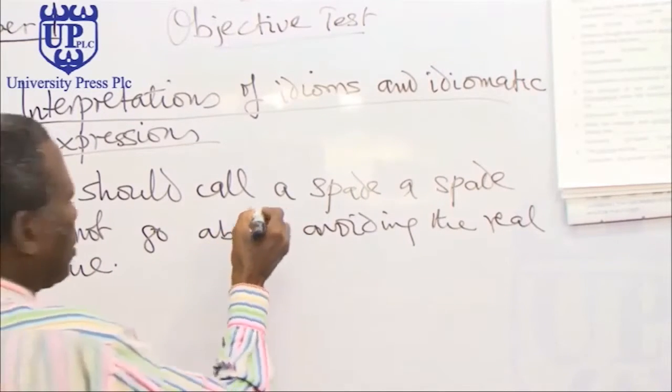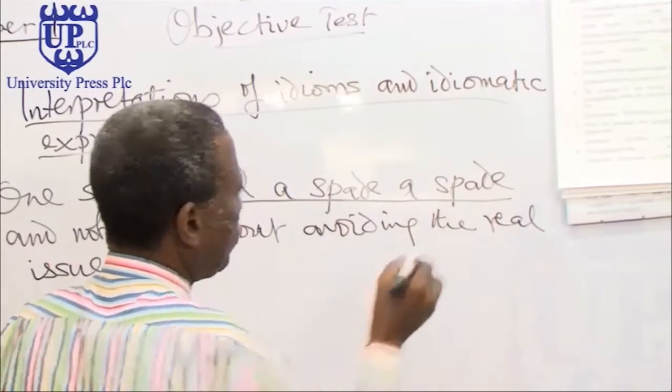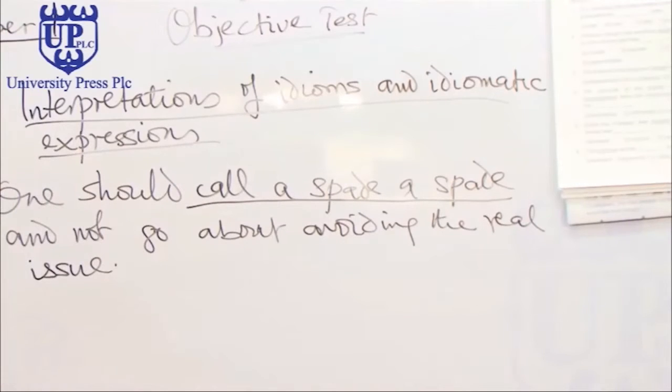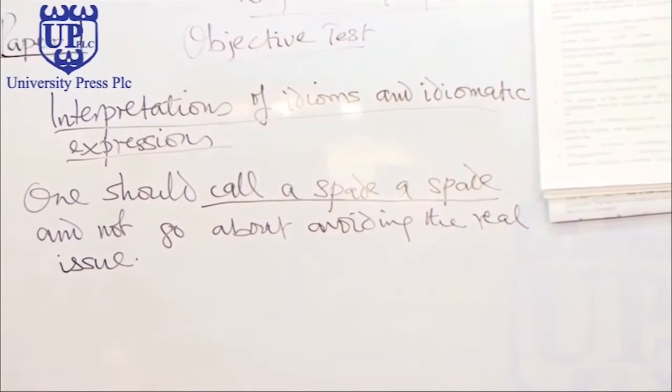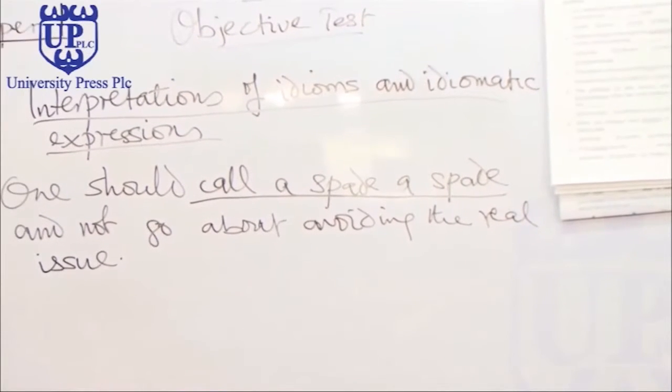Now this is calling a spade a spade. You need to know the meaning of that one. In other words, how to speak frankly, not just dodging the issue. The same thing with beating about the bush.